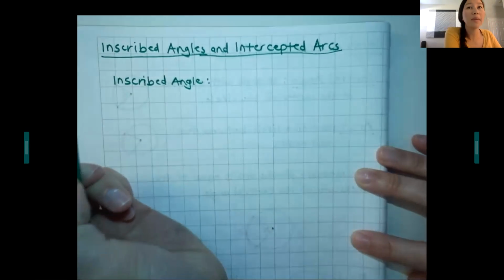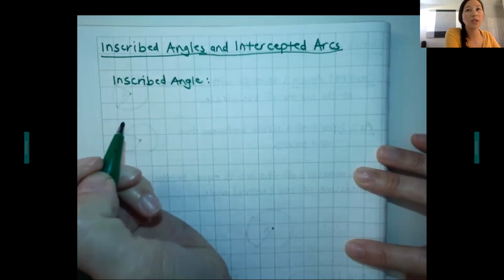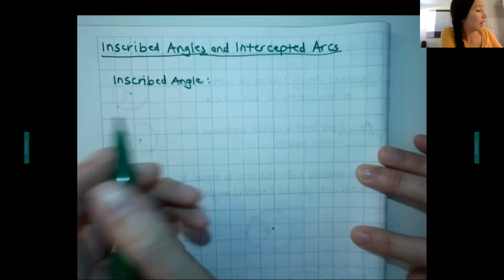Okay, so an inscribed angle is an angle inside the circle whose vertex lies on the circle.